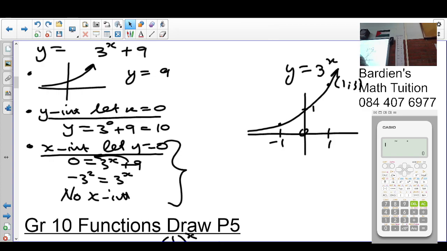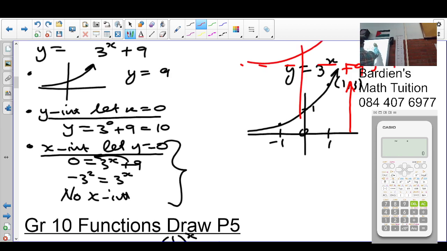No. So what effect does plus 9 have on the graph? We shift the graph 9 units up, which means the asymptote also moves 9 units up. So with this graph that's here at y is equal to 9, will it ever cut the x-axis? No. And clearly there's no x-intercept.